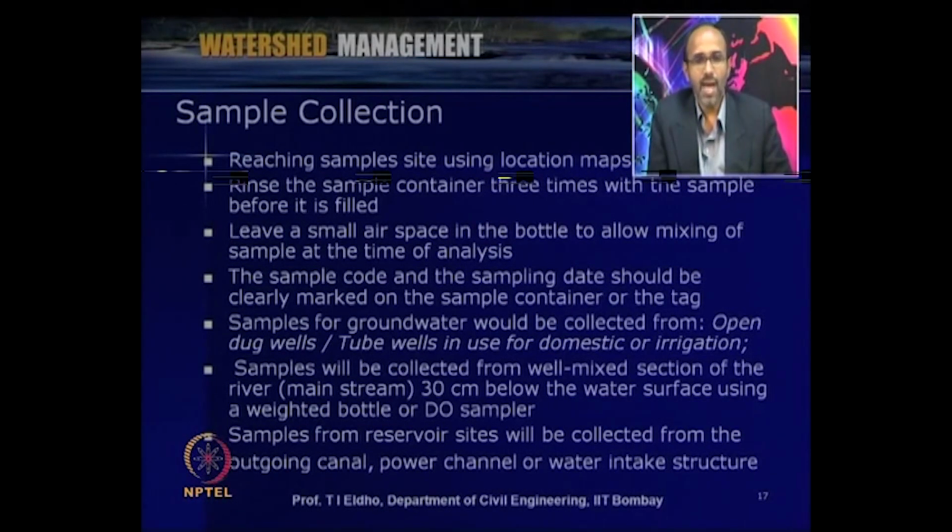Samples for groundwater, for example, would be collected from open dug wells or tube wells in use for domestic or irrigation purposes. Samples will be collected from a well mixed section of the river, for example the main stream, 30 centimeter below the water surface, using a weighted bottle or dissolved oxygen sampler. Samples from the reservoir sites will be collected from the outgoing canal, power channel or water intake structure.